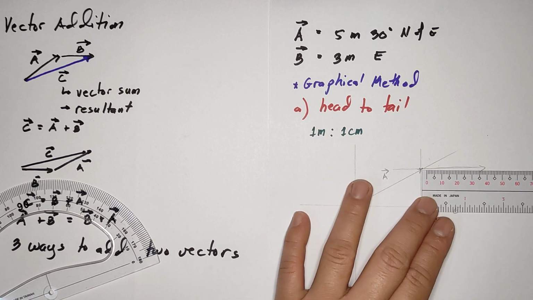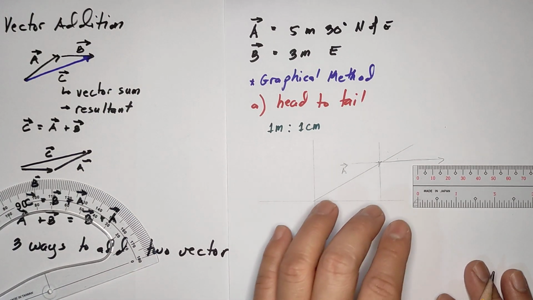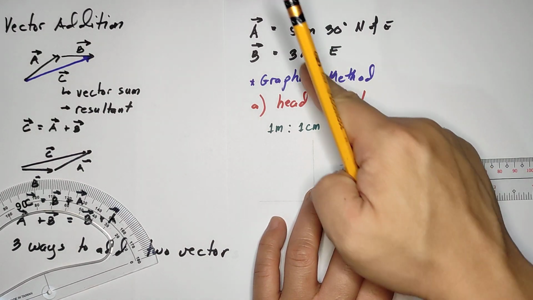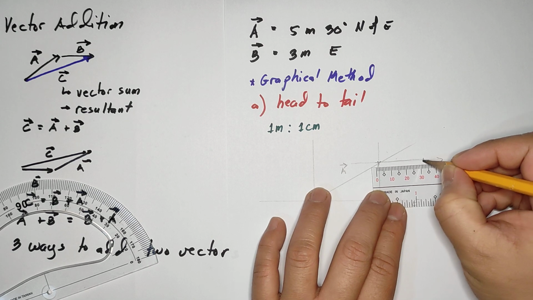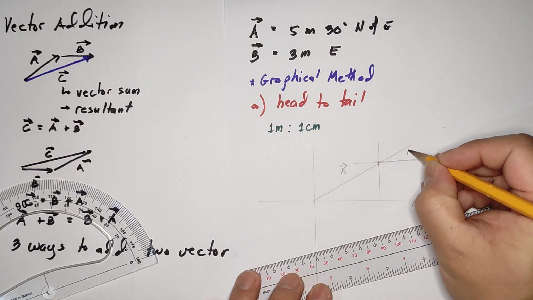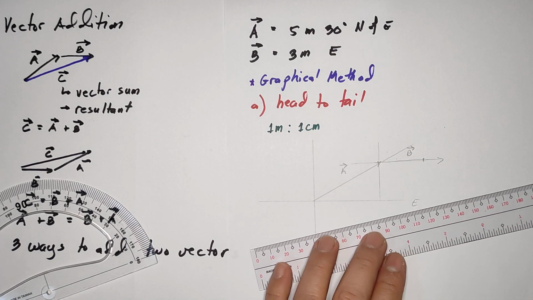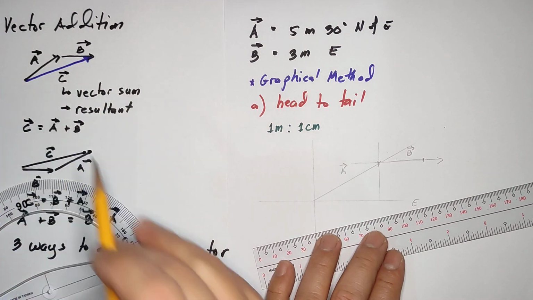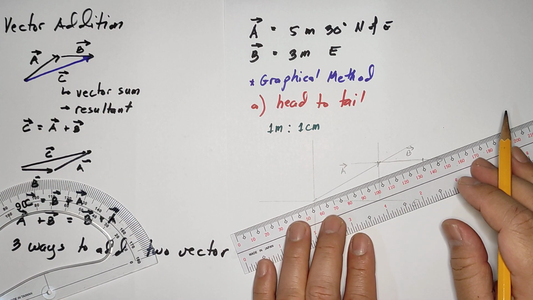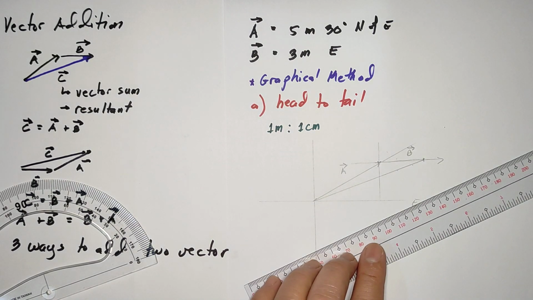Then I will measure 3 cm, because this is 3 meters. So until this point. This is B, vector B. Then to find the displacement, similar to this C, I will just connect the tail to the end. So this is the C.